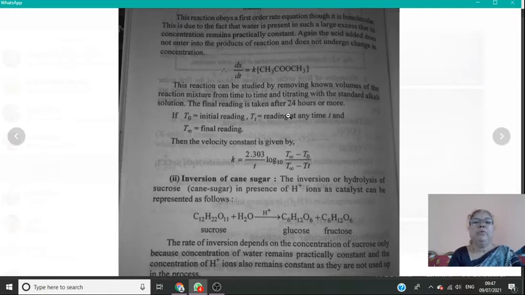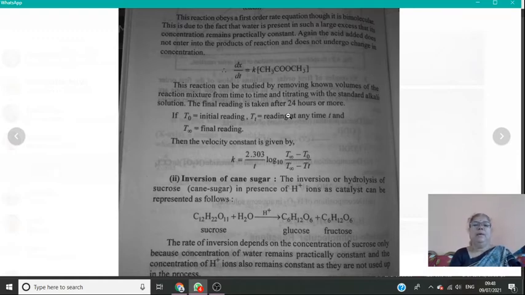That burette is filled taking the usual precautions. That means there should not be an air bubble in the jet part, and the zero level of the burette must be properly adjusted. Then the conical flask is taken, and it must be very clean.